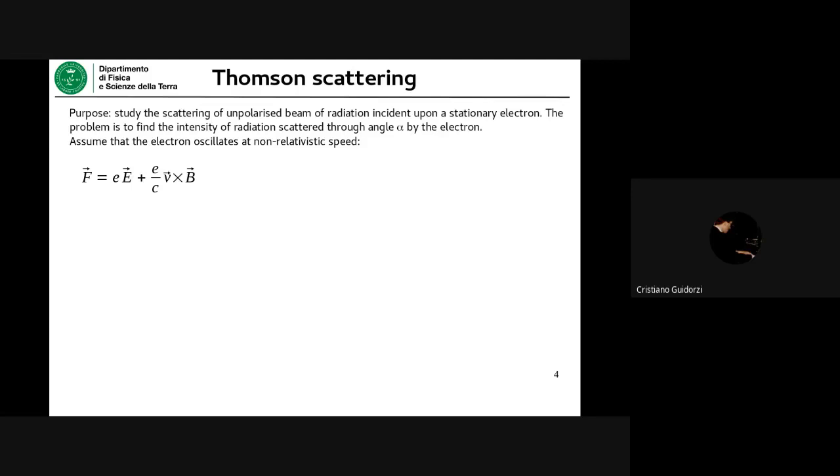The goal is to find out how it responds to a plane electromagnetic wave which is just crossing. You immediately see that an electromagnetic wave has an electric and magnetic field, in particular something which can accelerate the electron. But you know very well that an accelerating electron is an electron which is emitting, Larmor's formula.